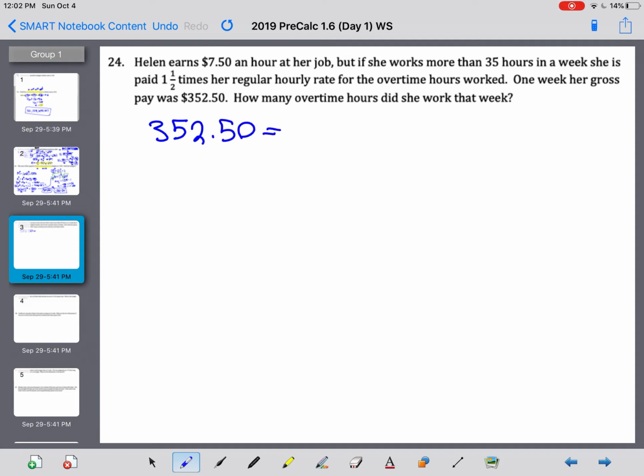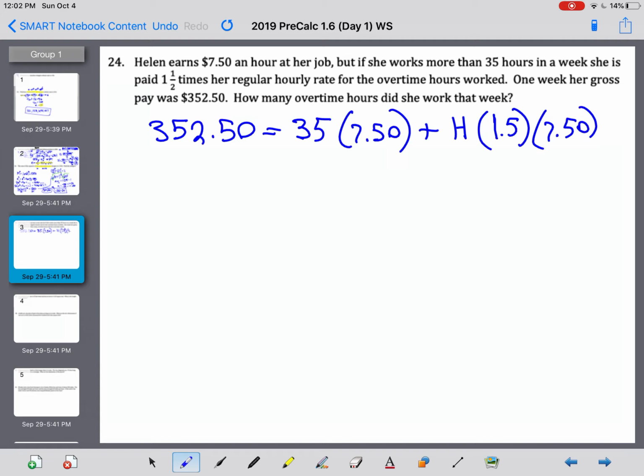That's going to be equal to the regular pay, which would be 35 at $7.50, plus we have some overtime hours. So that's going to be H hours times 1.5 times $7.50. So if we go ahead here, that's going to give me 262.5.